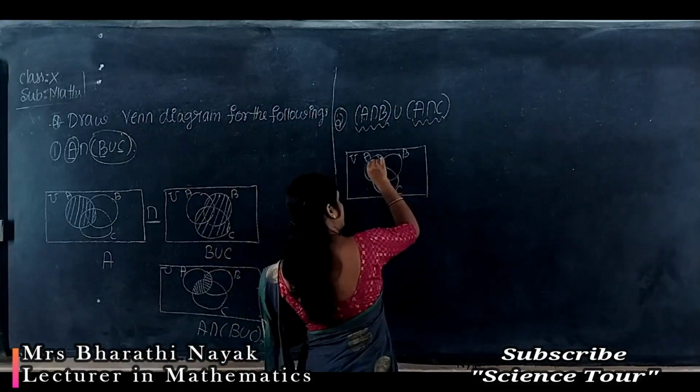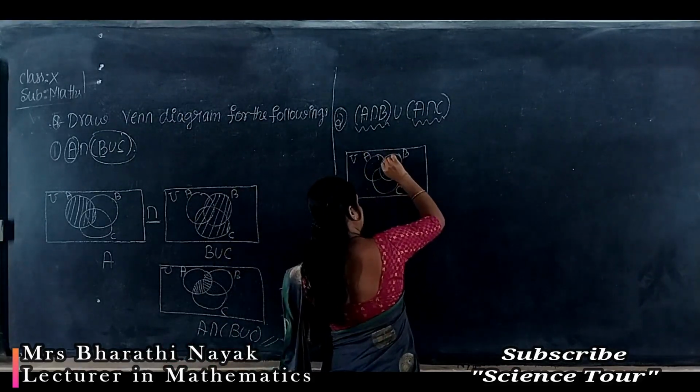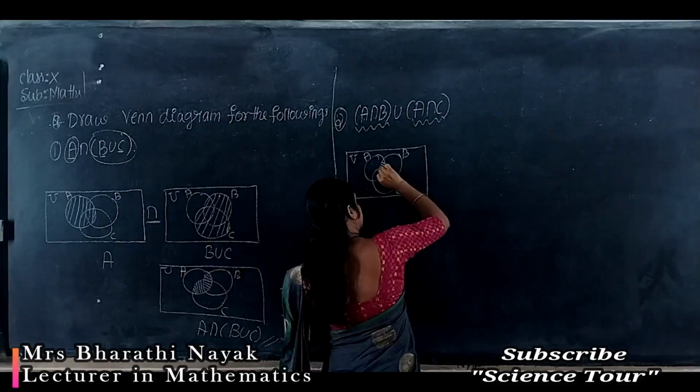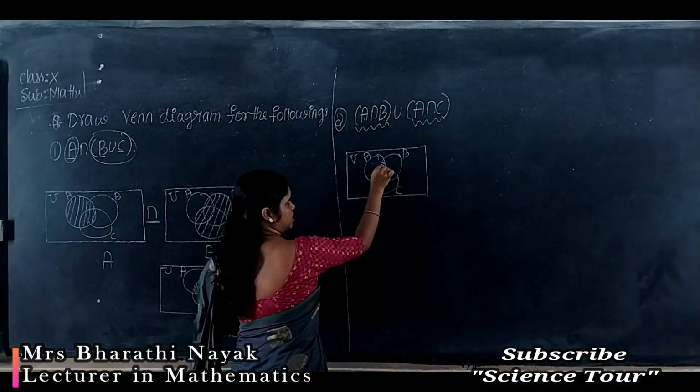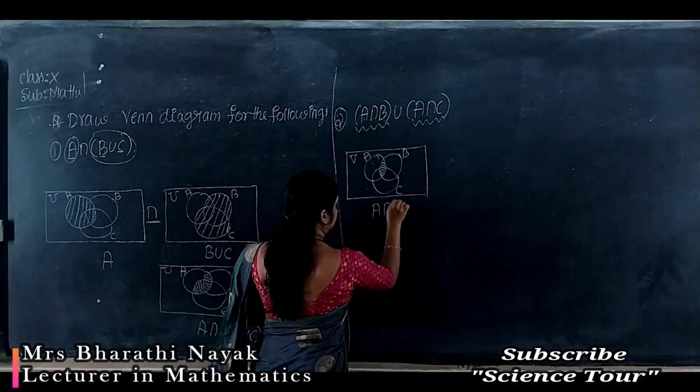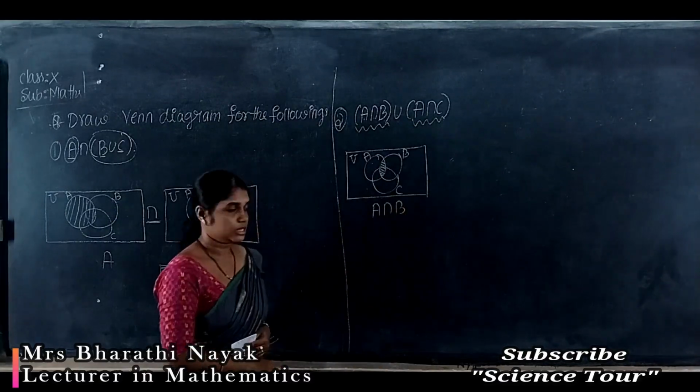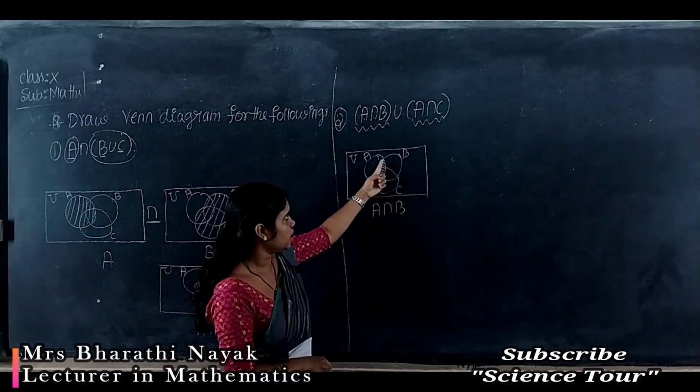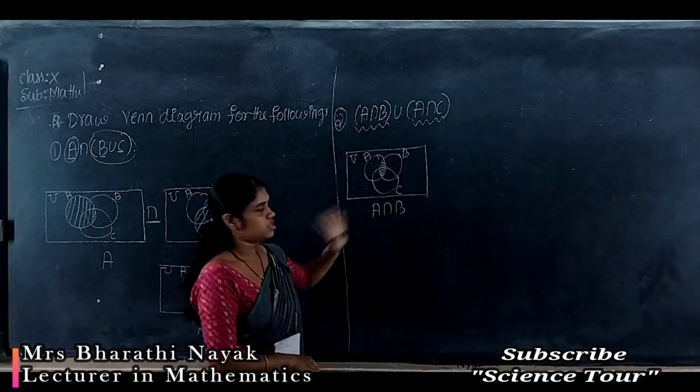What is the common region for set A and set B? If you take this region, it indicates A intersection B. The common region is this one.